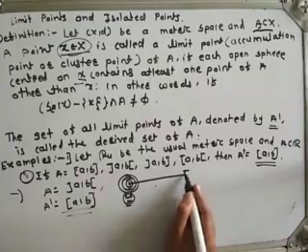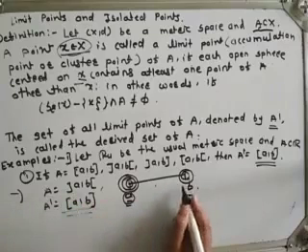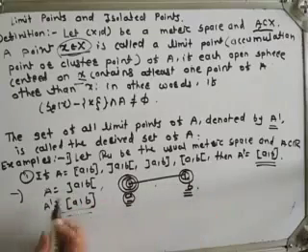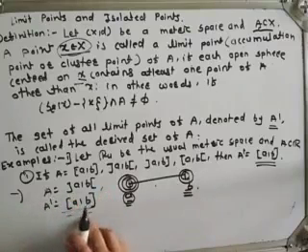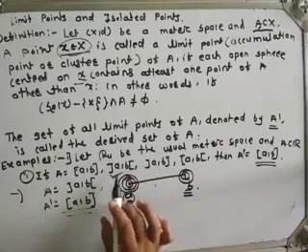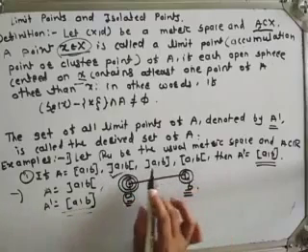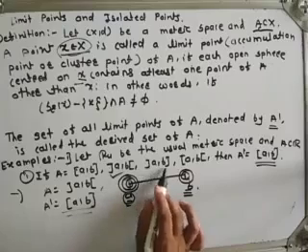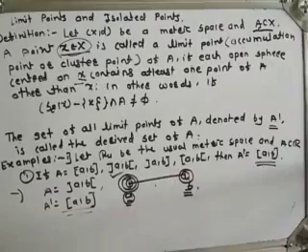Similarly, each open sphere centered on b contains at least one point of A other than b. Therefore, the limit point of the open interval (a, b) is nothing but the closed interval [a, b]. Similarly, the limit points of the semi-open intervals [a, b) and (a, b] are also the closed interval [a, b].